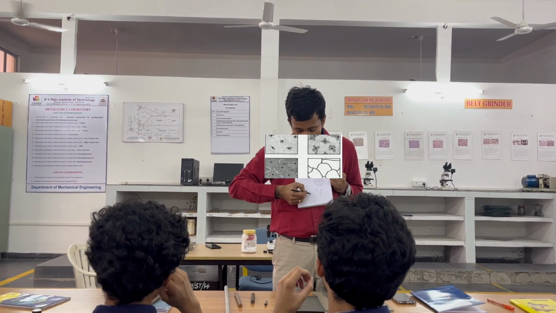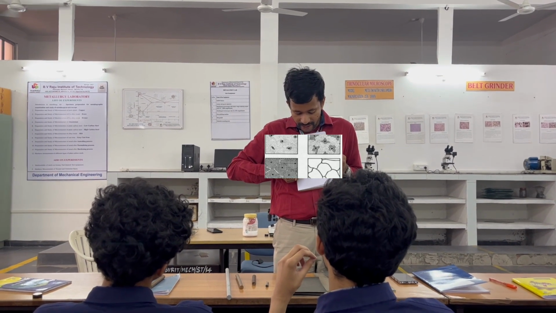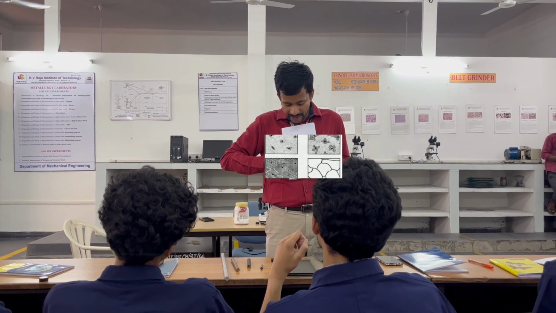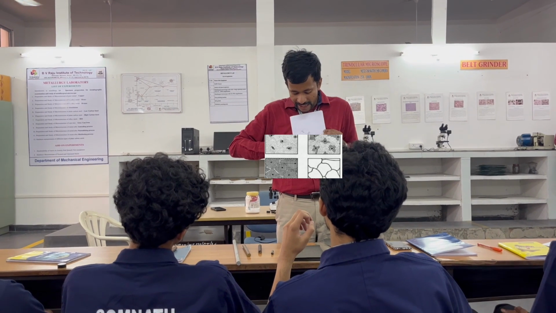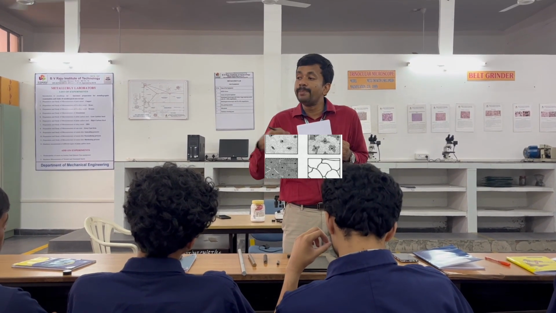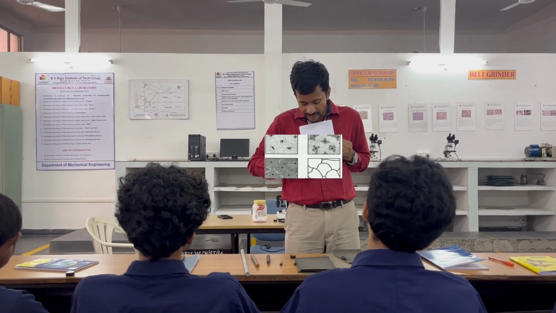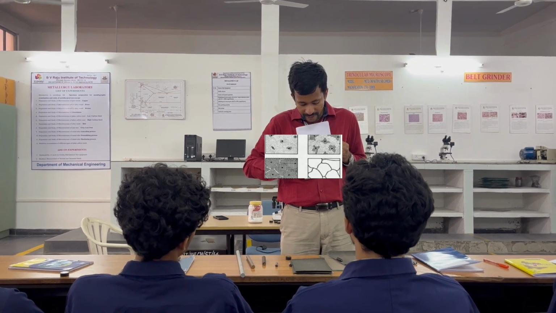So finally, when we observe, it will be something like this, in which all the grains are oriented in one direction, and these grains are separated from one another by a boundary. We call that a grain boundary. So this will become the grain boundary, and this becomes the grains.